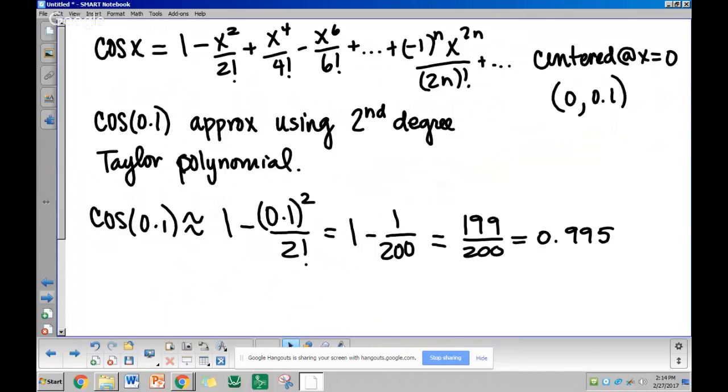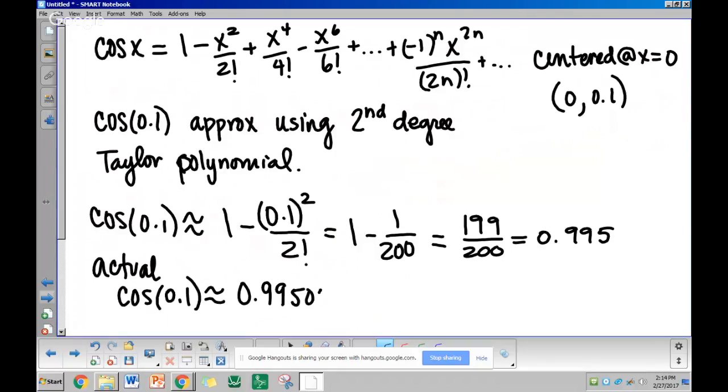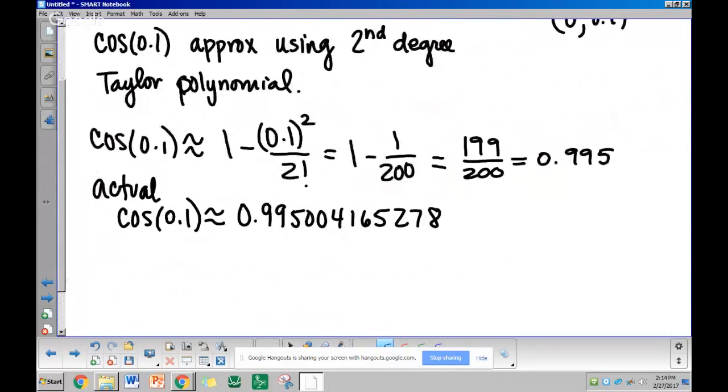And then the actual, when I say actual, this is what we have on the calculator: 0.99500416, 5278. We have some error, I guess is what I'm asking you.